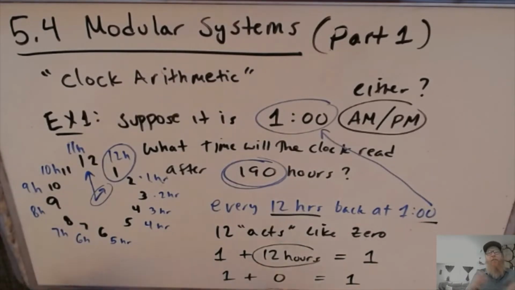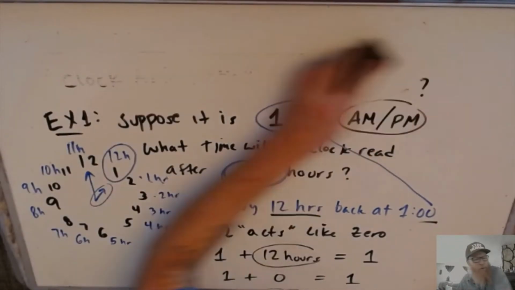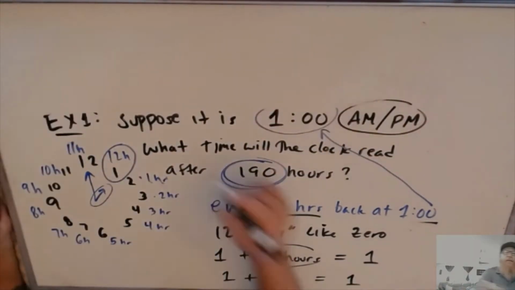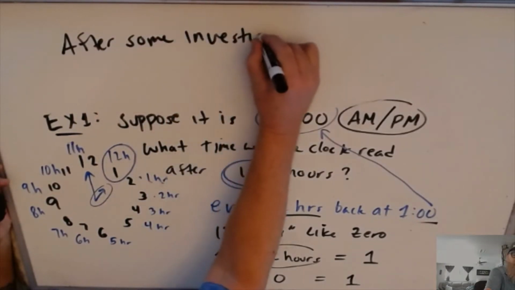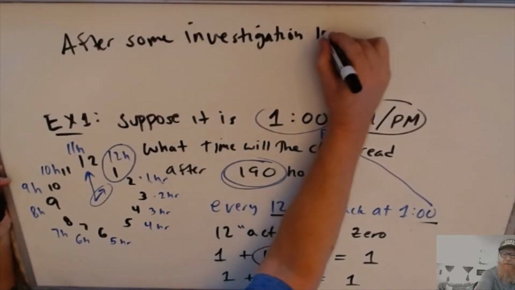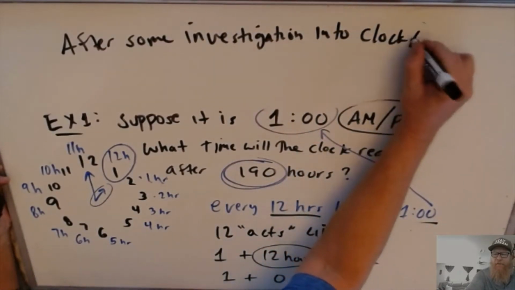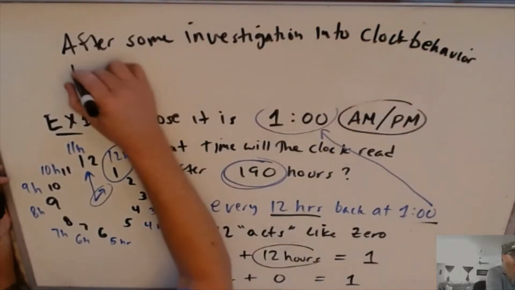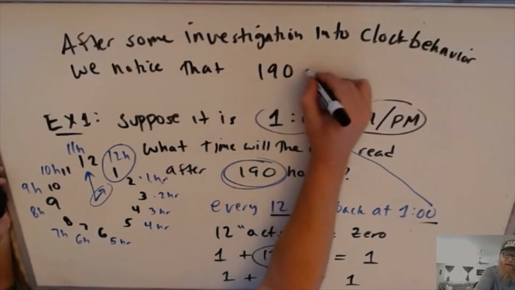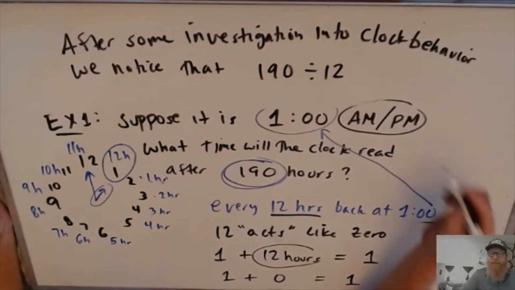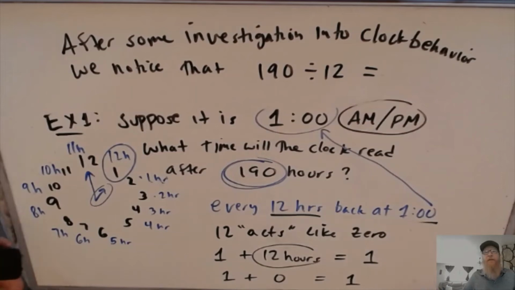Okay? So before we actually go through the process of counting all the way to 190, we could think a little bit about how a clock works. After some investigation into clock behavior, we notice that 190 divided by 12 is equal to, what's 190 divided by 12?